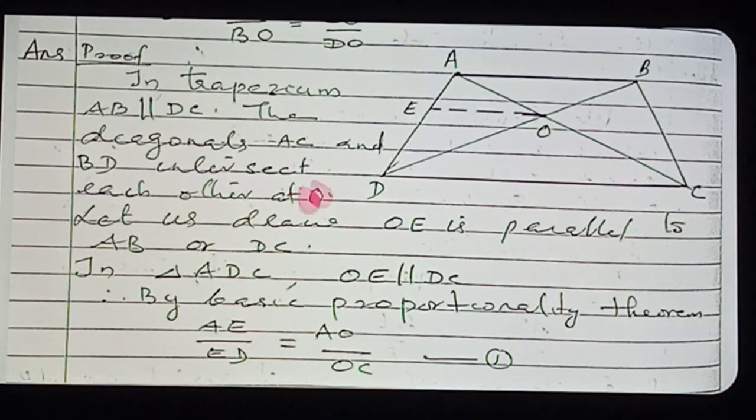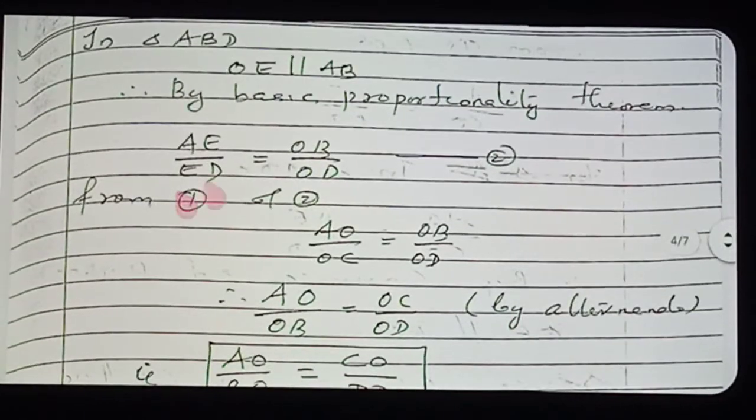AD and BD at two distinct points E and O. Therefore, we will apply the basic proportionality theorem. AE by ED is equal to BO by OD. See here, AE by ED is equal to OB by OD. Keep it as equation number 2.